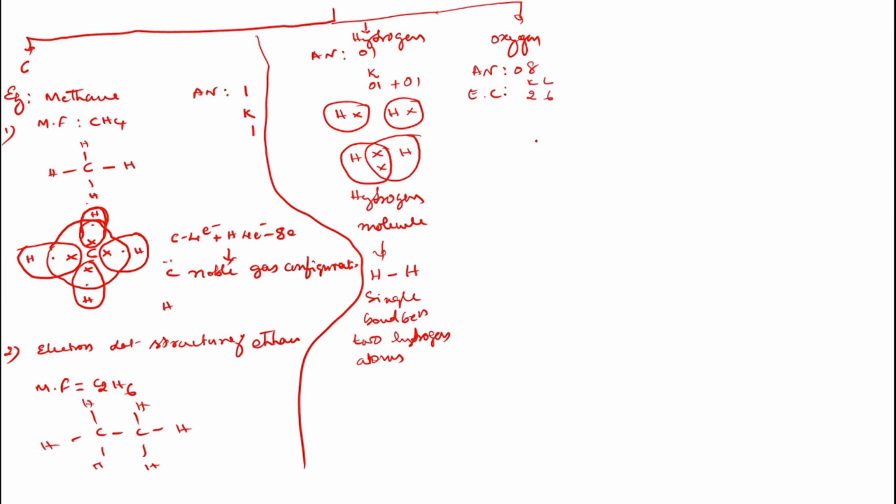So oxygen has 6 outermost electrons, and it will share the outermost electrons with the neighboring atom. Now we will see how the oxygen molecule is forming. See, oxygen has 6 outermost electrons.